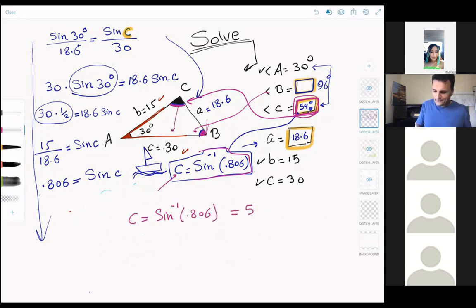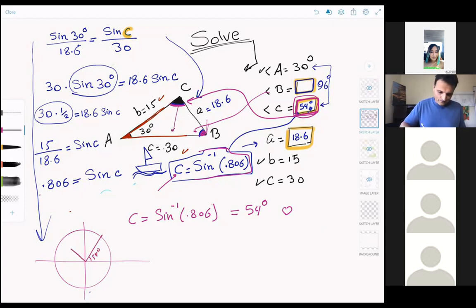We got 54 degrees. This is beautiful and it's correct. In the unit circle, we know we have two values for sine. This is 54 degrees.